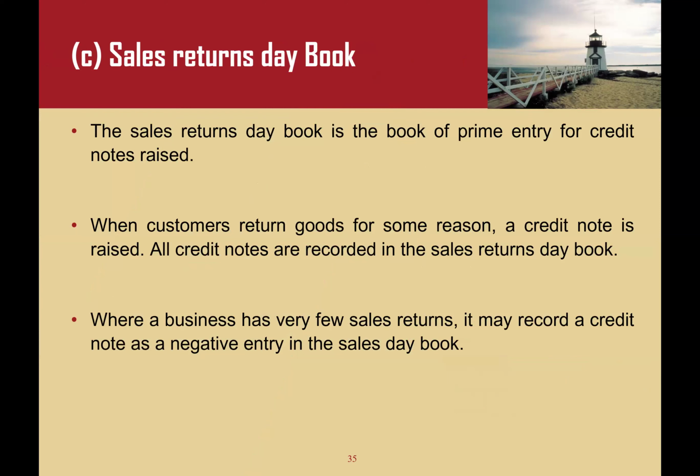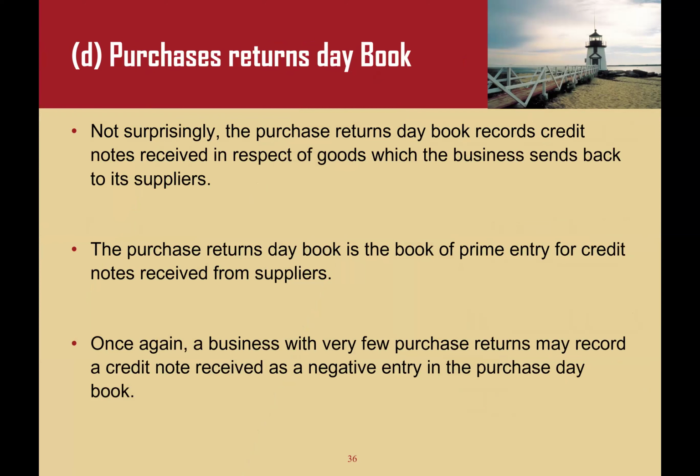Then we have the sales returns day book, in which we record the returns. Those are the credit notes, if goods are being returned by your customer. Then we have the purchases returns day book, in which we record the returns you've made to your suppliers, basically showing the debit notes or the credit notes that you have received from your suppliers.